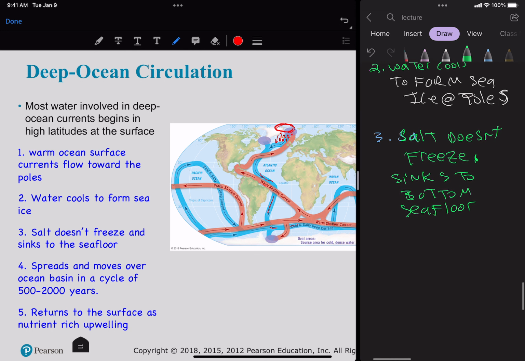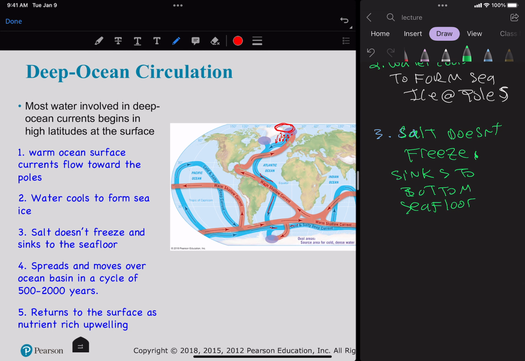But it's still cold, so it's going to want to move towards the equator, but because the topography at the bottom of the ocean is not even, it's going to spread out and move over the bottom of the ocean.